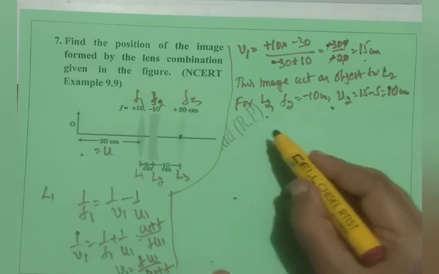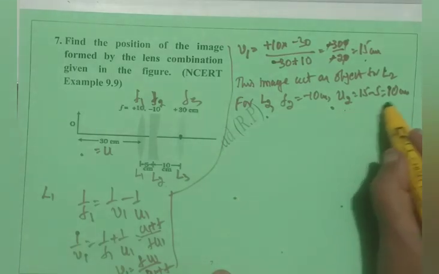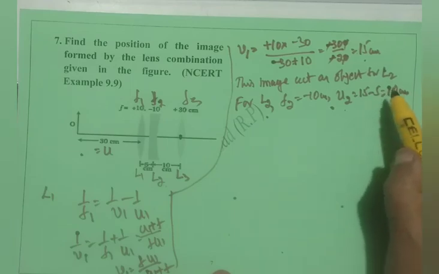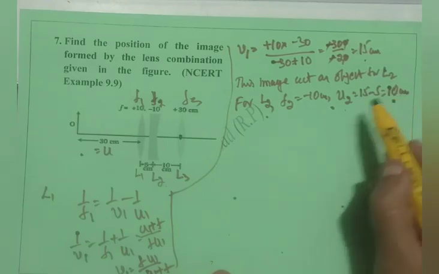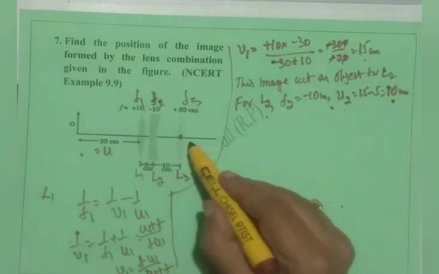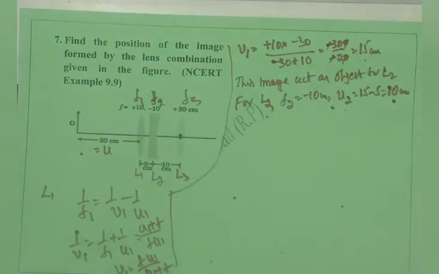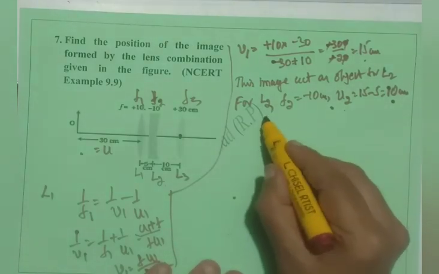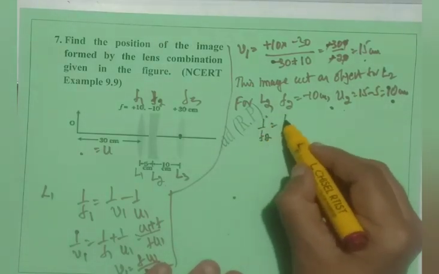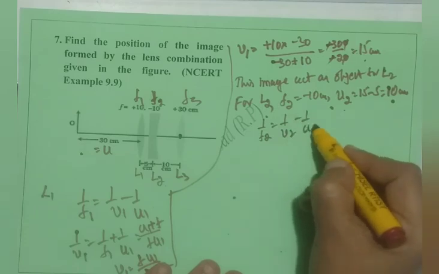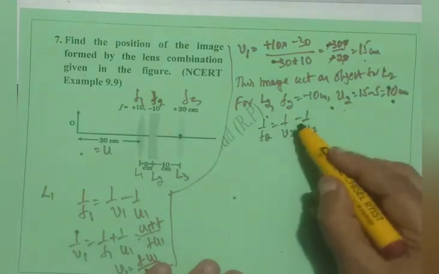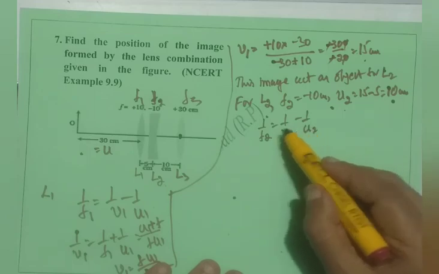Observe, U2 is 10 centimeter. That means we are placing the object for the second lens at its focus. As we know, once the object is at focus, it forms the image at infinity. So by lens maker's formula, 1 by f2 equals 1 by v2 minus 1 by u2.